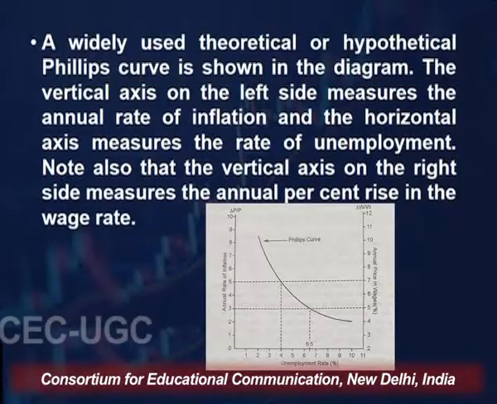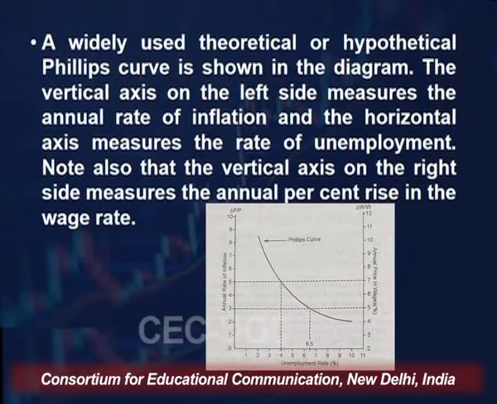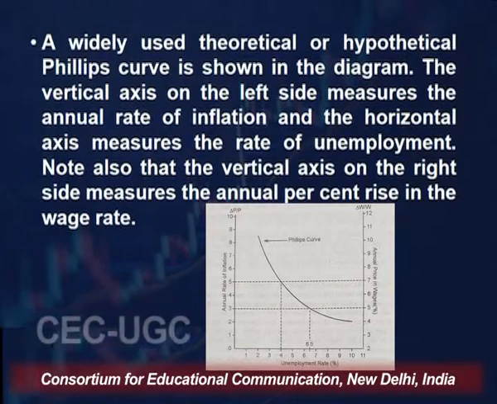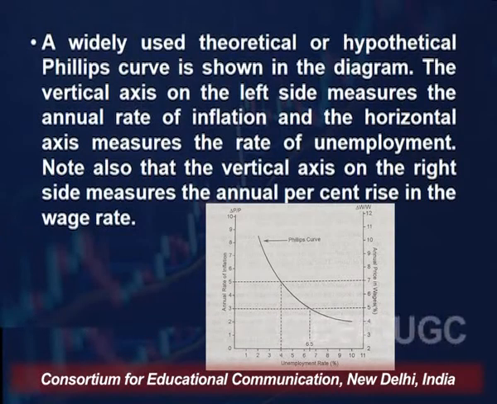A widely used theoretical and hypothetical Phillips curve is shown in the diagram below, and the vertical axis on the left side measures the annual rate of inflation, and the horizontal axis explains the rate of unemployment.